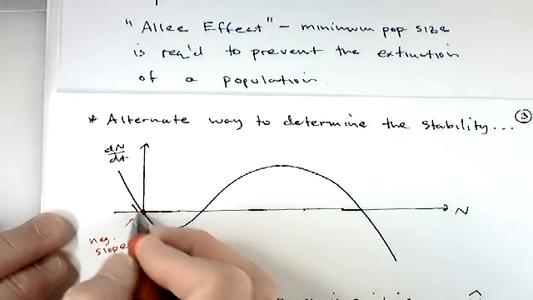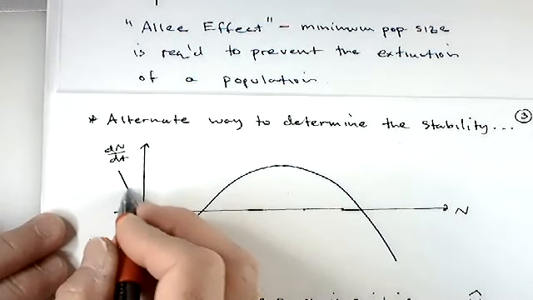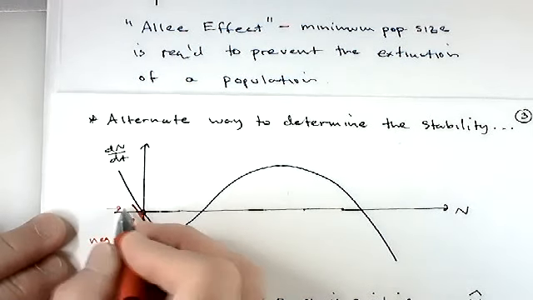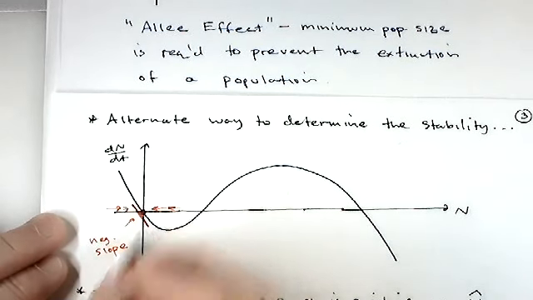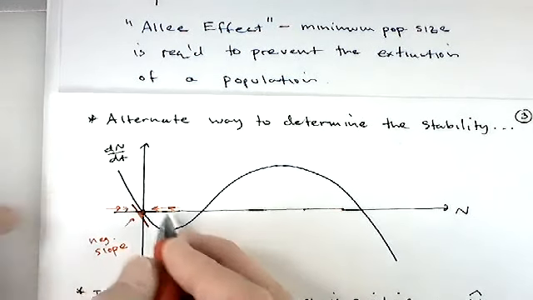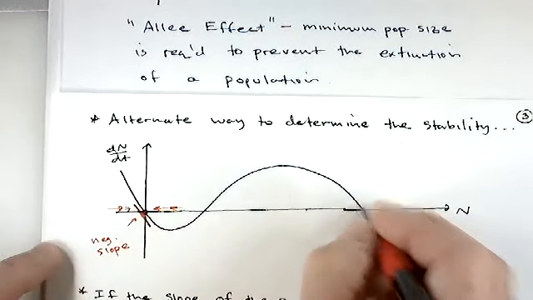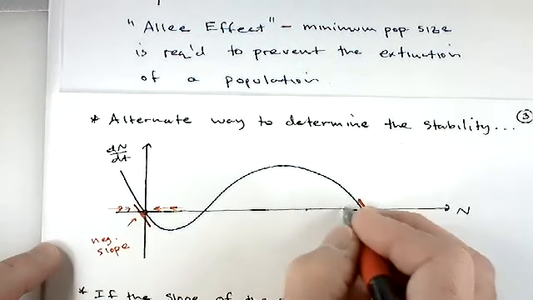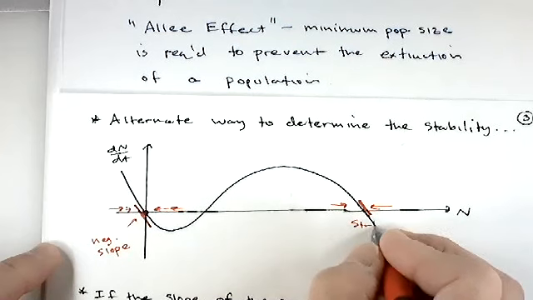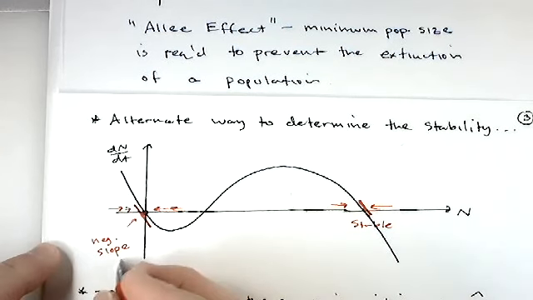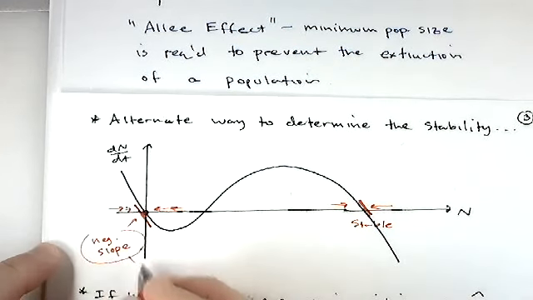That means this must have been positive here, which means your arrows must have gone this way, and this is below the x-axis, so it must have gone this way. You're always going to have a stable equilibrium, right? Same thing over here. If it crosses with a negative slope, the arrows would go this way and this way. This would be stable as well. So if it's a negative slope, it's going to correspond to a stable equilibrium.